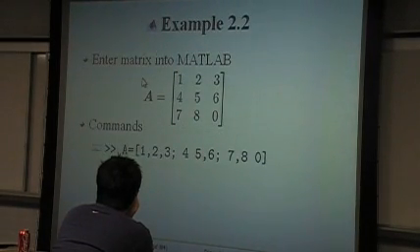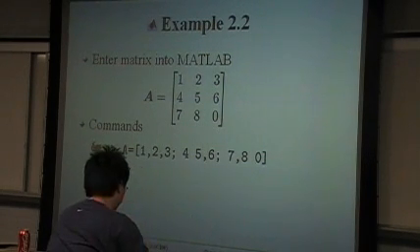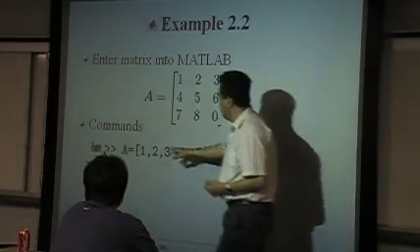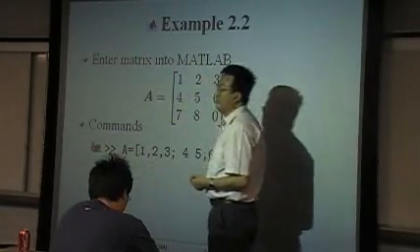Now we can consider something more complicated: how to express a matrix. If you have a matrix like this, what you need to do is to give a command like this. This part is the prompt of Matlab.